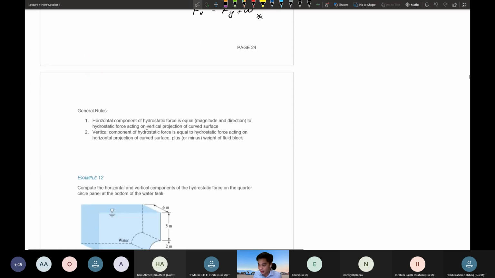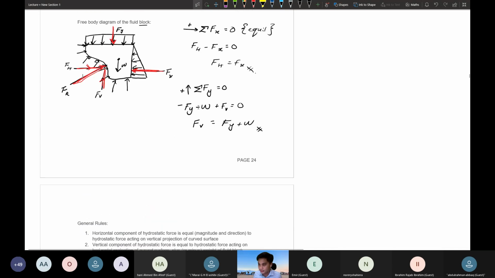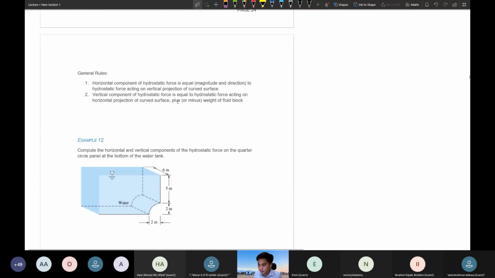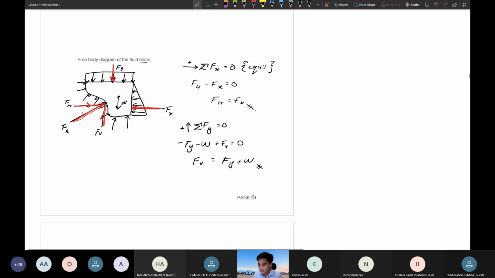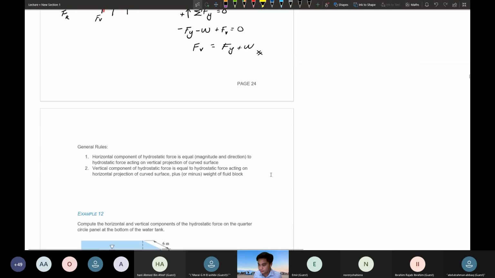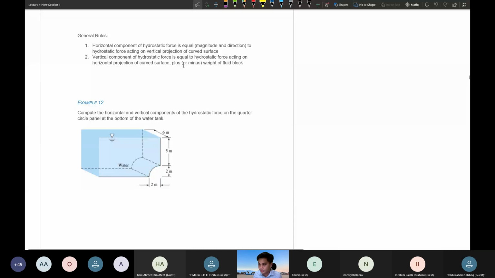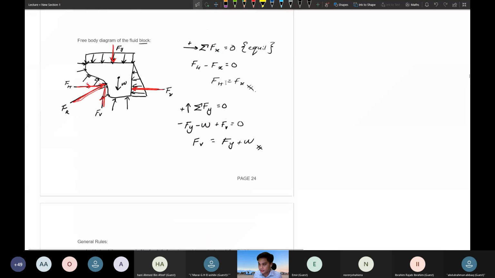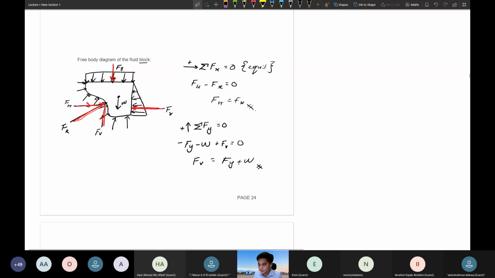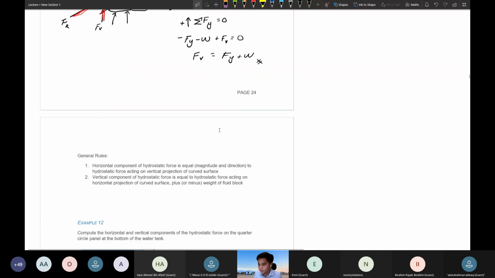Then the vertical component of hydrostatic force equals the force acting on the horizontal projection, Fy, plus or minus the weight of the fluid block.